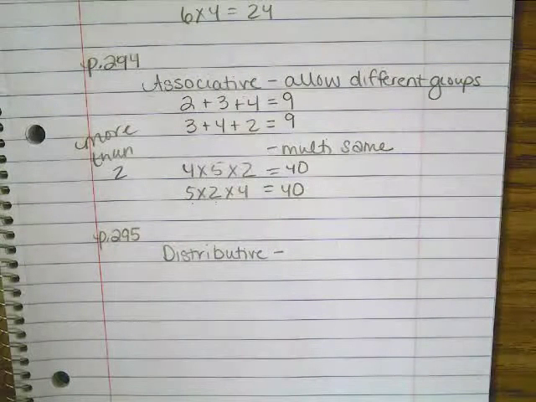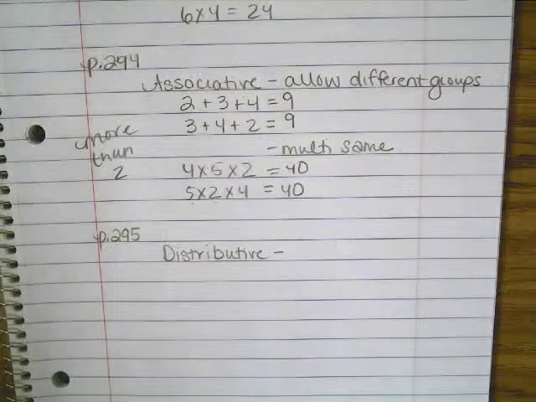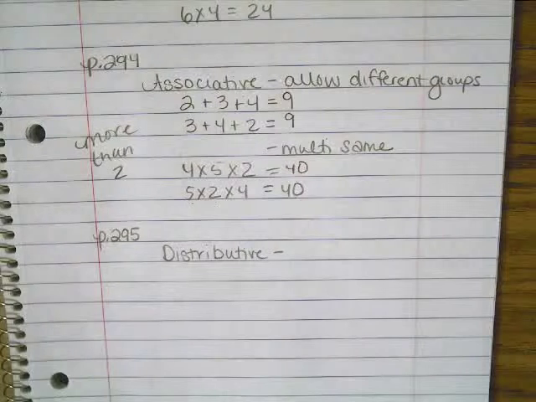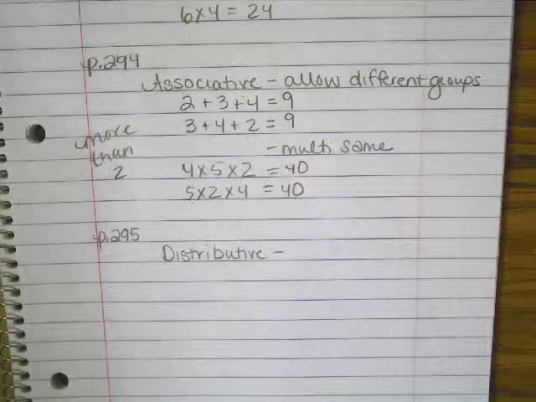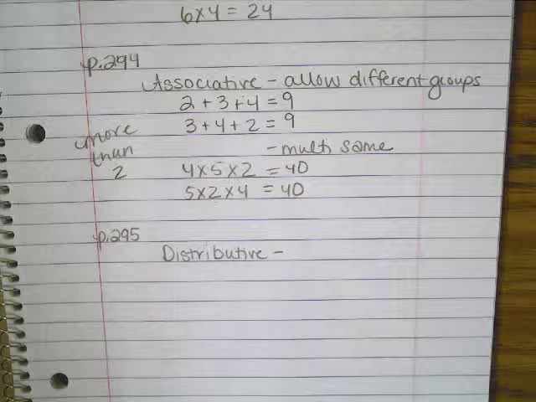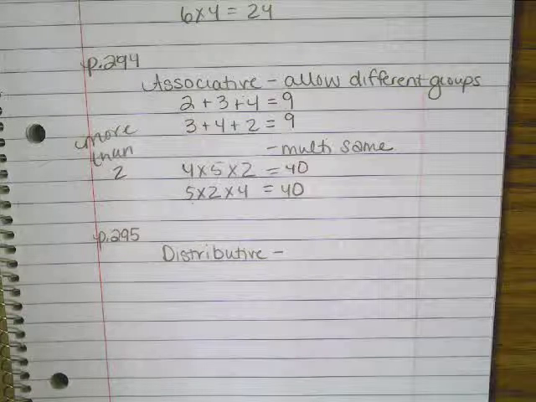The distributive property allows you to multiply each term in parentheses by a single factor. Okay, so in student terms and not book terms, what does that mean to you? Anybody?